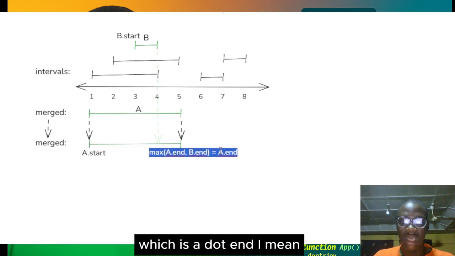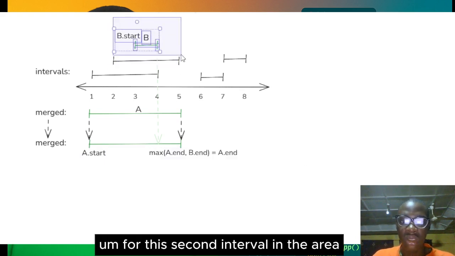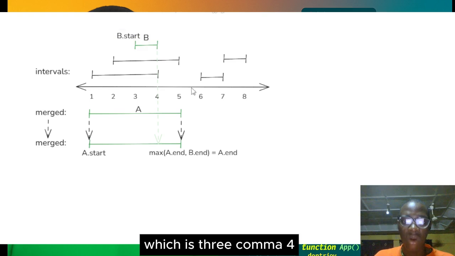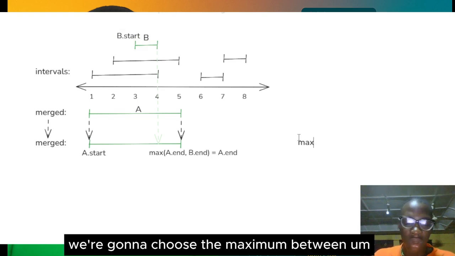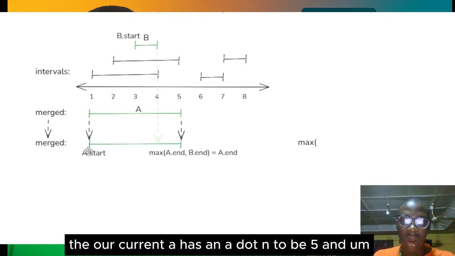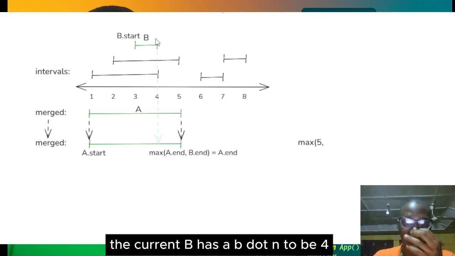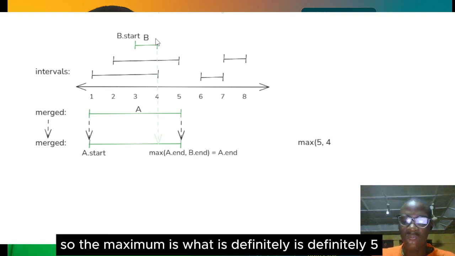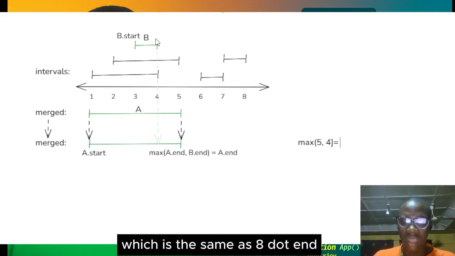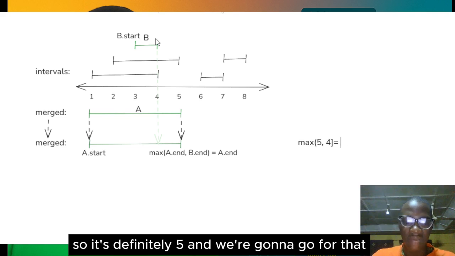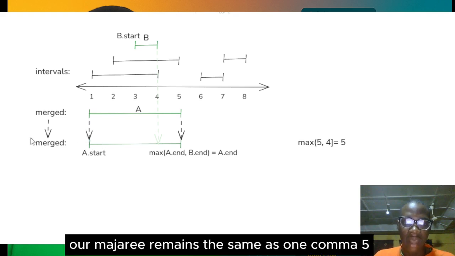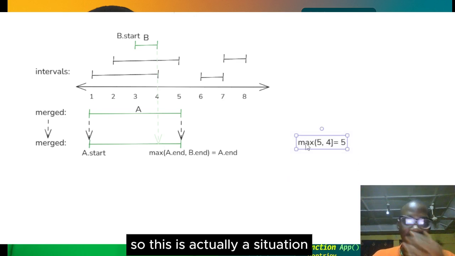For this second interval in the array, which is 3,4, the current a has an a dot end of 5, and the current b has a b dot end of 4. So the maximum is definitely 5, which is the same as a dot end. So we go for that, and that's why our merge array remains the same as 1,5. So this is actually a situation.